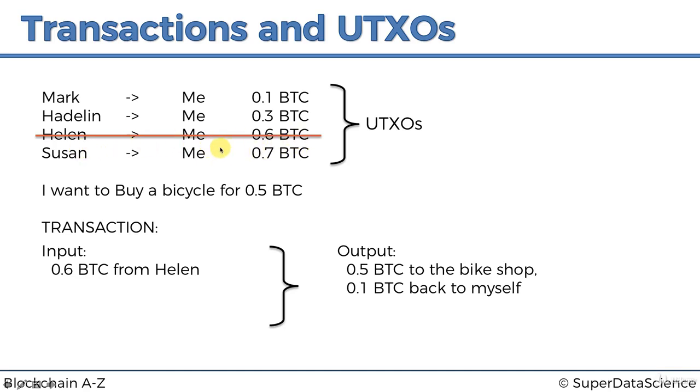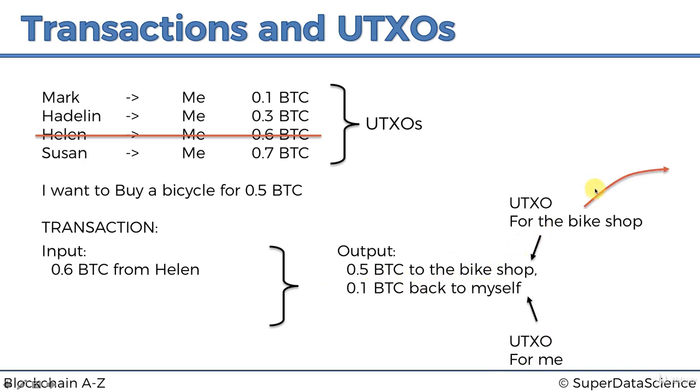It's no longer a UTXO. It's not an unspent transaction output because it's done. This transaction fed the transaction that we're building here. And now we have two new UTXOs. This is a UTXO for the bike shop, and that's a UTXO for me. That amount is going to go into the UTXOs for the bike shop.